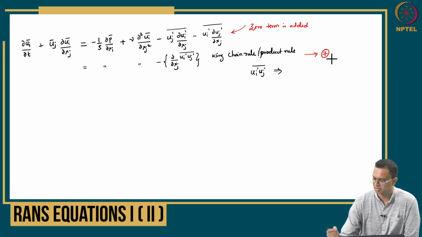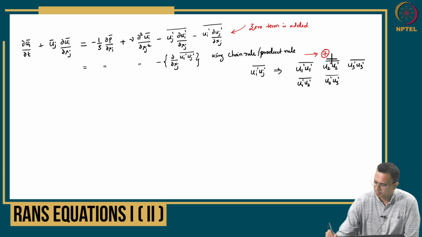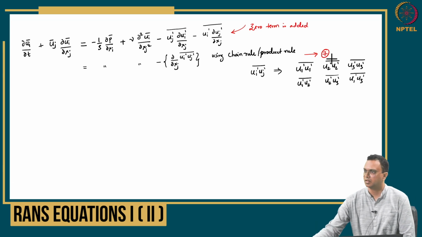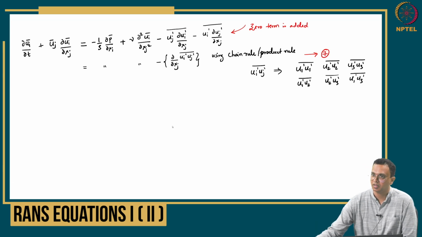Therefore I get 6 unique terms here, which is u1 prime u1 prime, u2 prime u2 prime, the diagonal components, u3 prime u3 prime, and the off diagonal components u1 prime u2 prime, u2 prime u3 prime, u1 prime u3 prime, and this we gave a name, covariances, cross covariances, in the statistical analysis chapter, right.